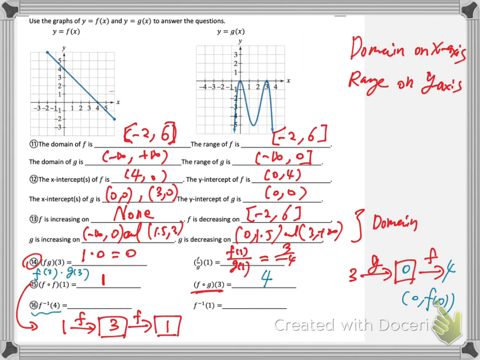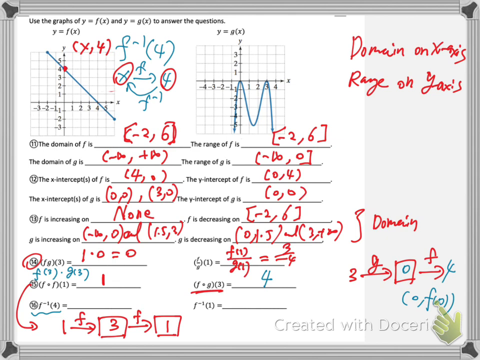So this is for the composition. Now for the inverse function, how to find f inverse of 4? Let's draw the picture again: x is sent to 4 by f, and then f inverse sends it back to x. So which point is on the graph? (x, 4) is on the graph, since input and output are on the graph.